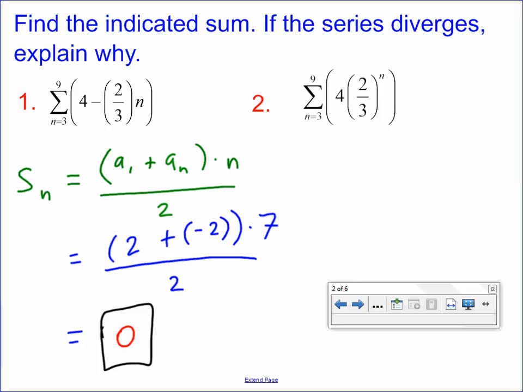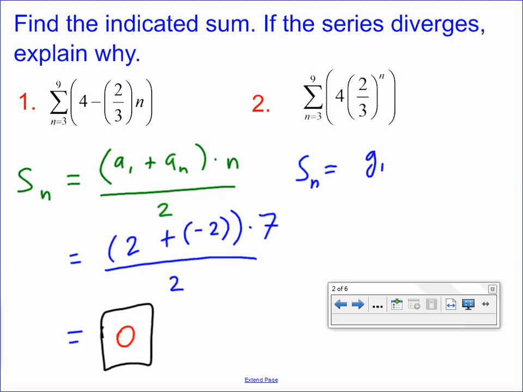What type of sequence is represented in number 2? Vivian? Geometric. And since it's a finite sum, we also have a formula for that. We know that my finite sum, S of n, is given by, without numbers but with G's, n's and R's, what would that look like? Sydney?